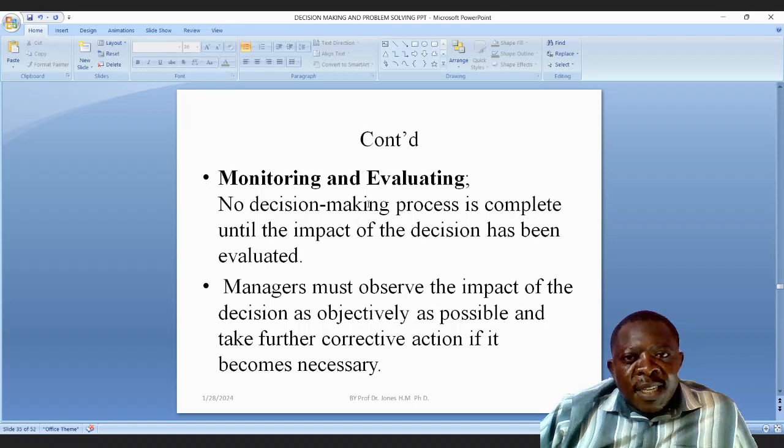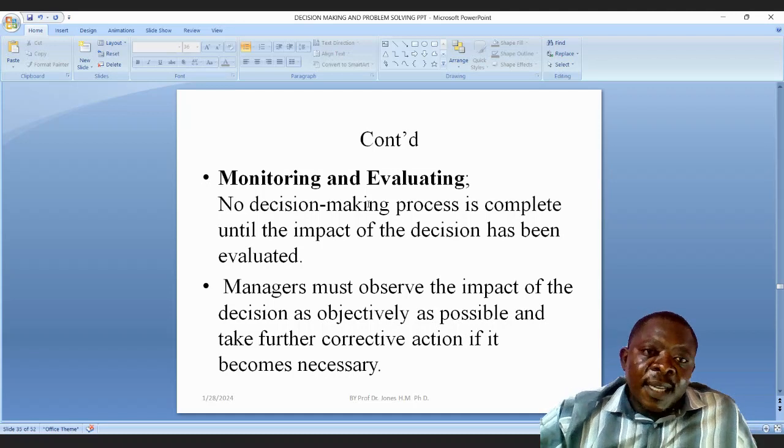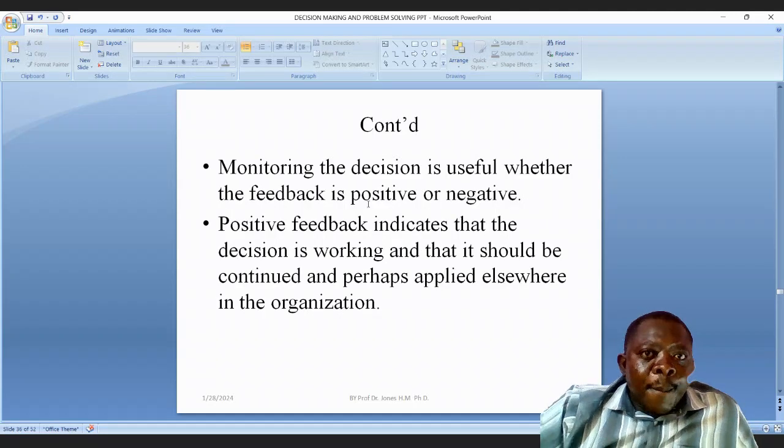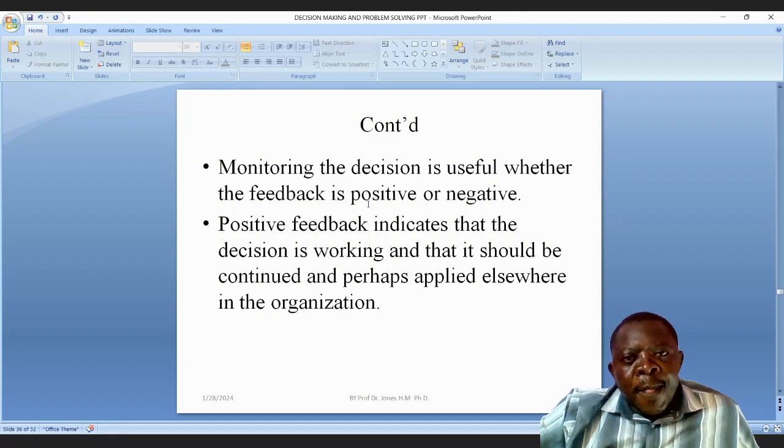So no decision making process is complete until the impact of the decision has been evaluated. Managers must observe the impact of the decision as objectively as possible and take further corrective action if it becomes necessary. Monitoring the decision is useful whether the feedback is positive or negative.